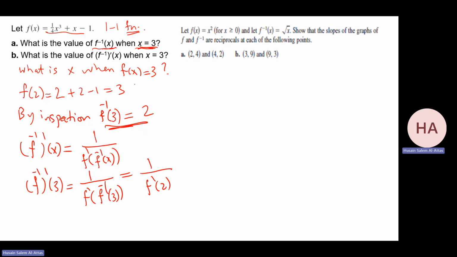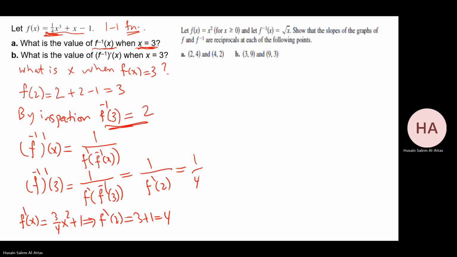Where f prime of x equals, this is f of x, so that will be 3 over 4 x squared plus 1. So f prime at 2 will be 3 plus 1, which is 4. So this is equal to 1 over 4. Okay.